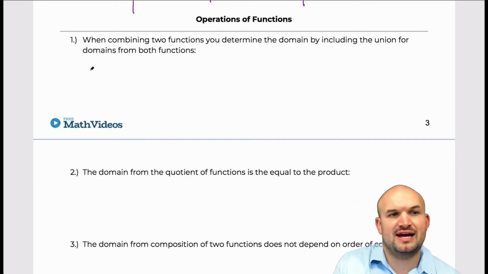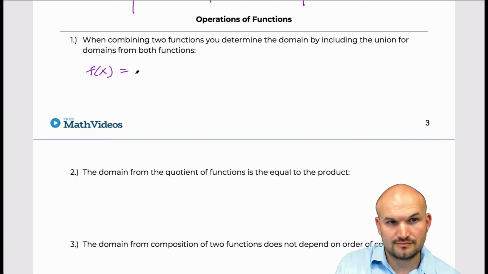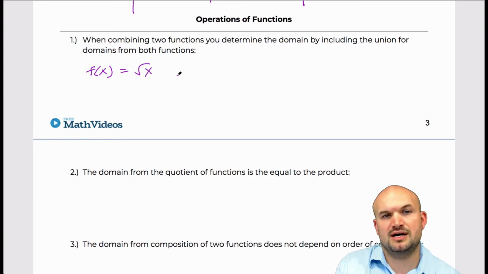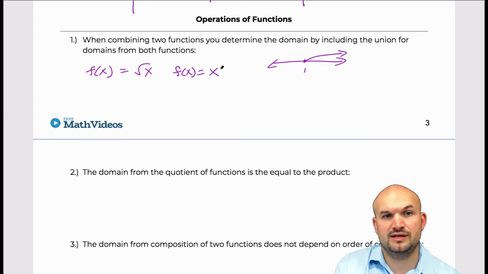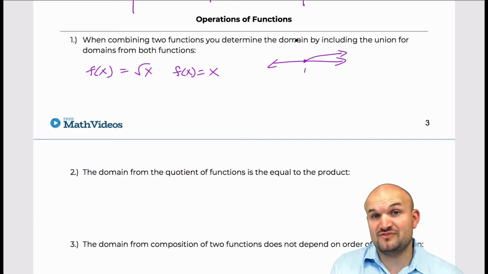So for instance, if I had f of x equals the square root of x, and my other one was g of x equal to x, let's say. So this function is restricted to all positive numbers, right? So from 0 to infinity, but x is defined for all real numbers.